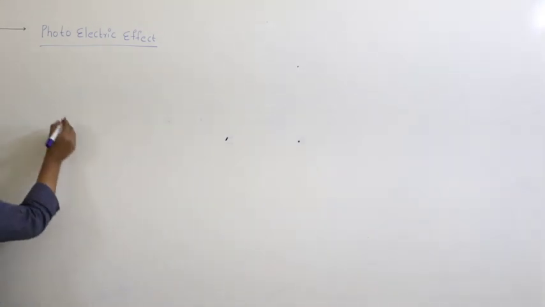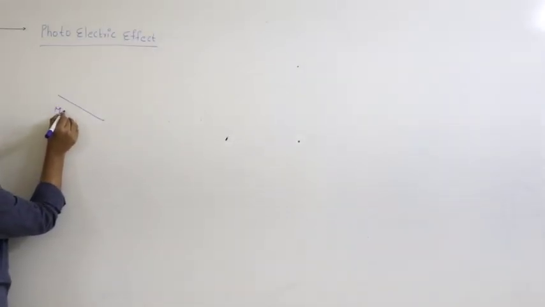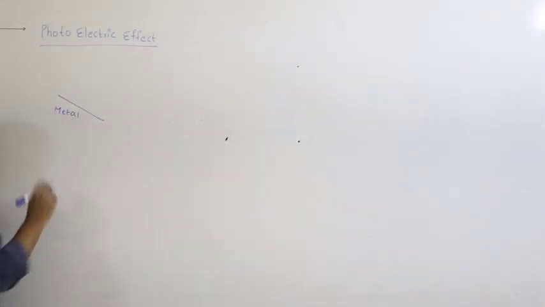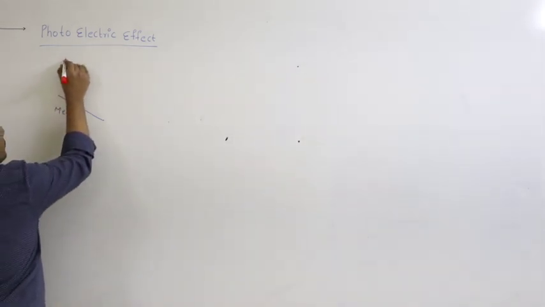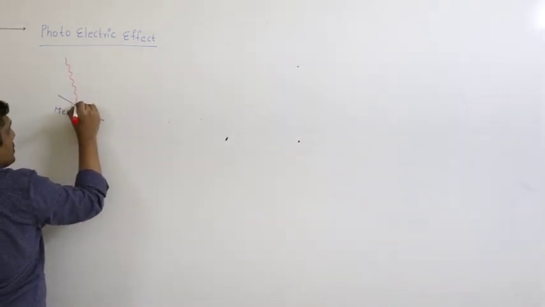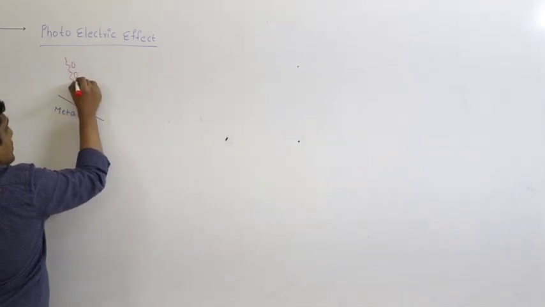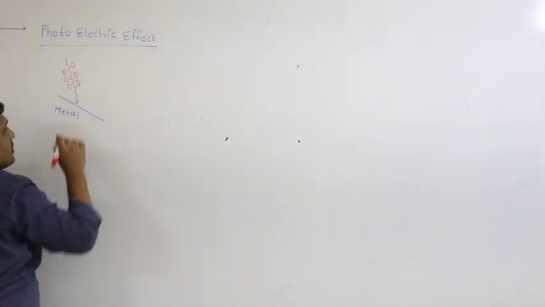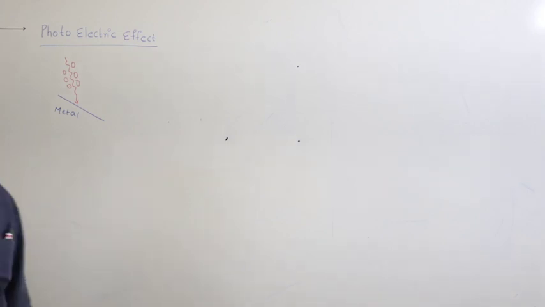For example, let us consider this is the metal surface. We know that radiation travels, or is emitted, in the form of small energy packets which we call photons.